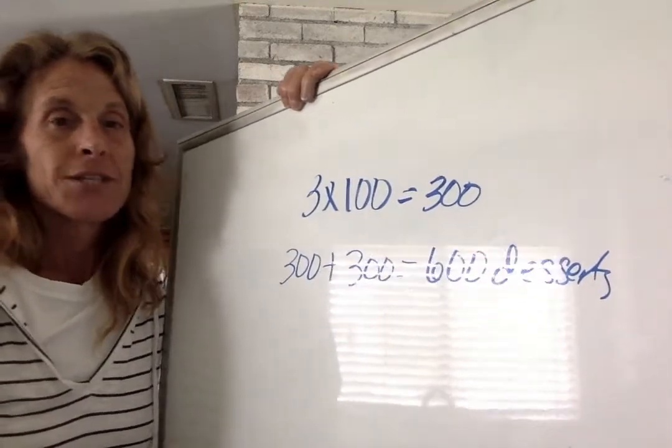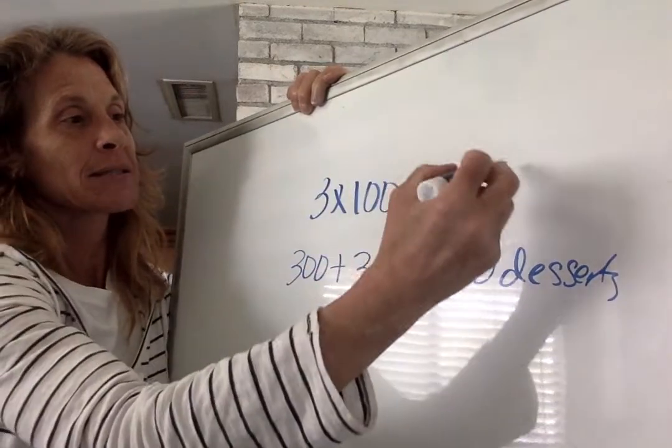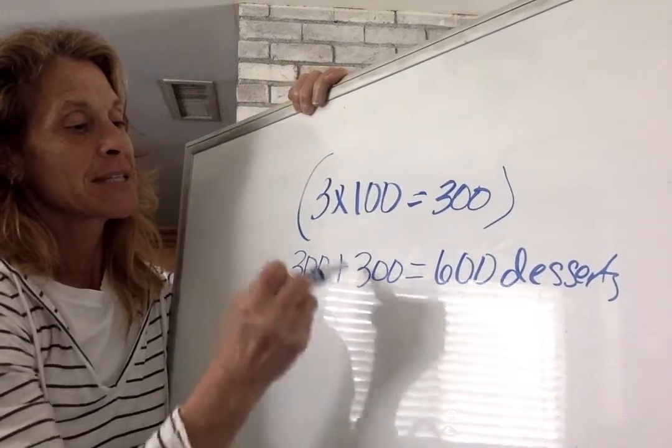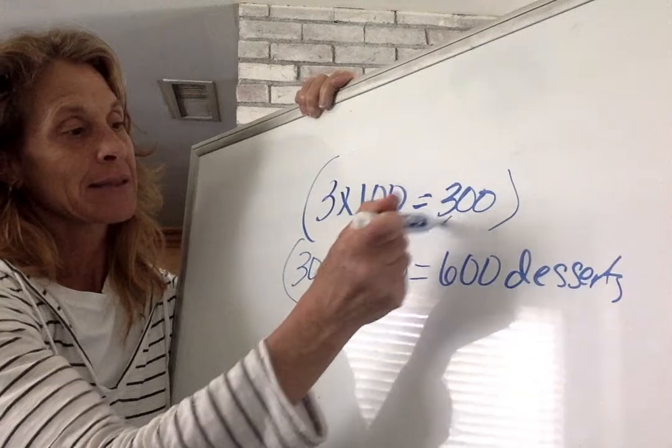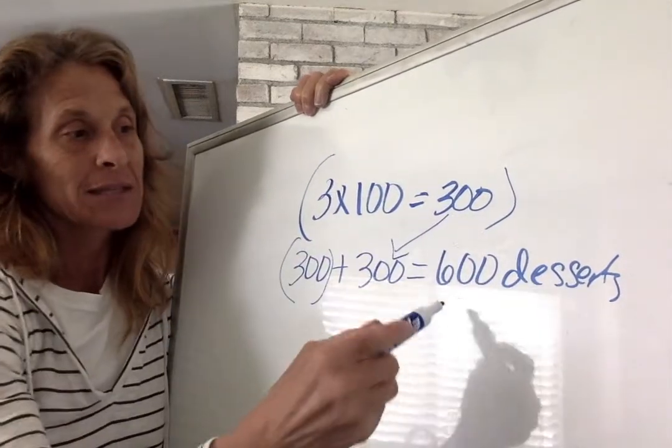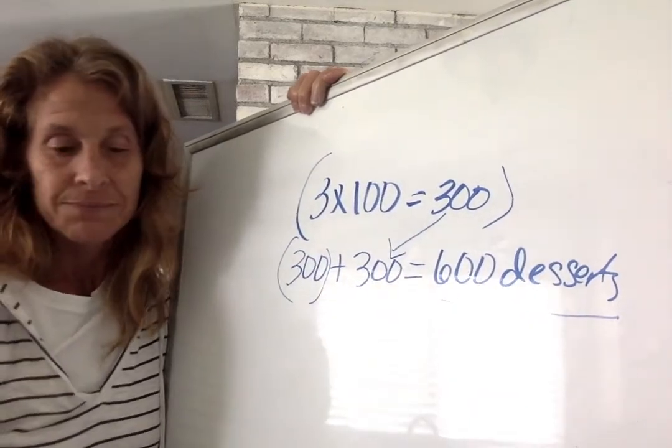Okay? So this is the cupcakes. This is the snack cakes. And so we just added the cupcakes and the snack cakes to make the total dessert.